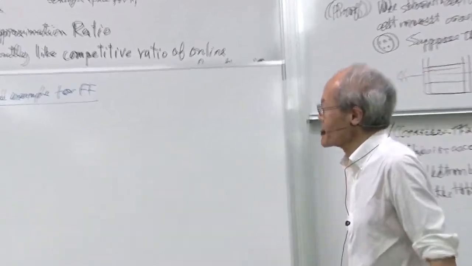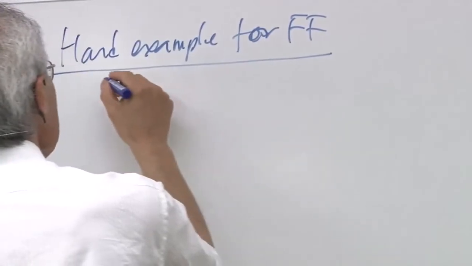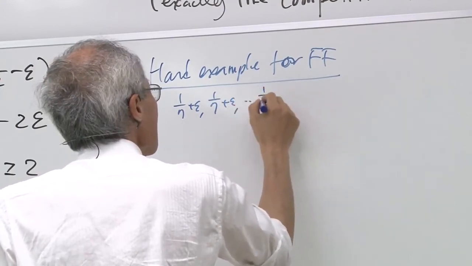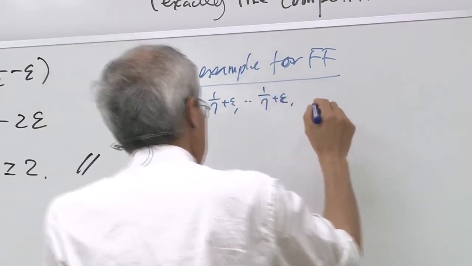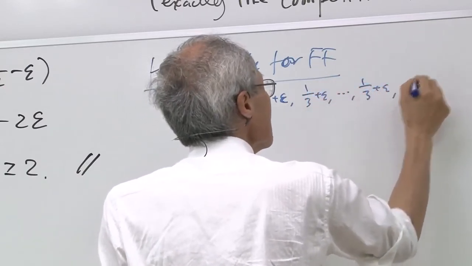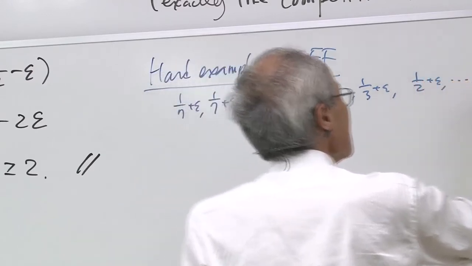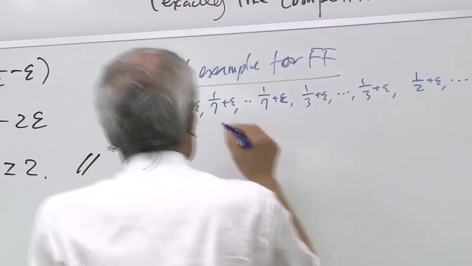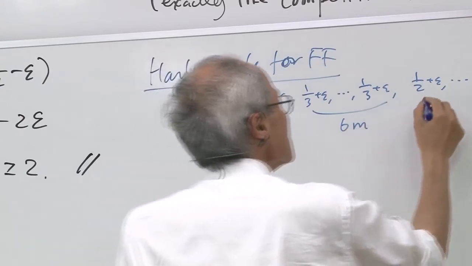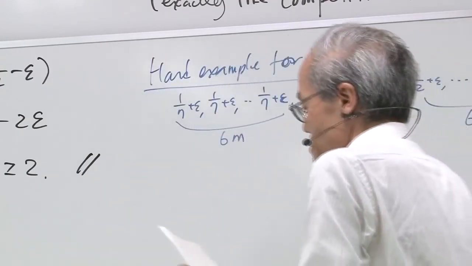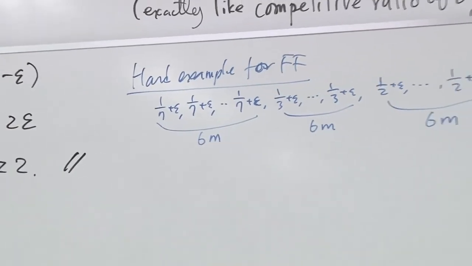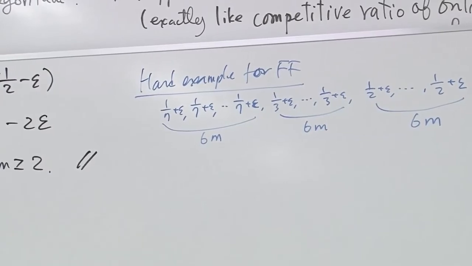So the third example for FF is: we have 18M items.